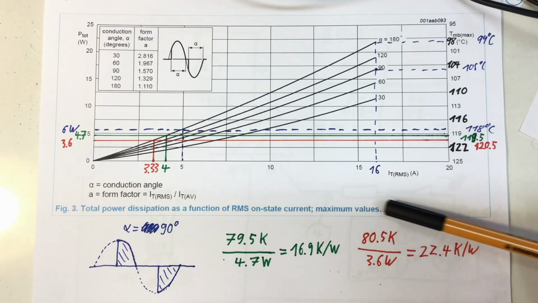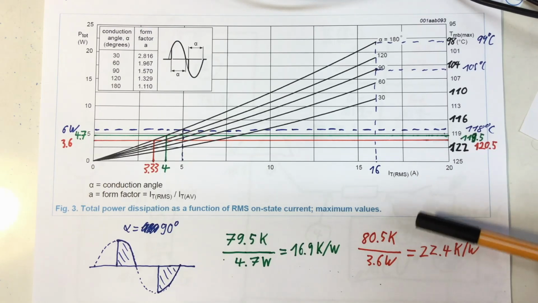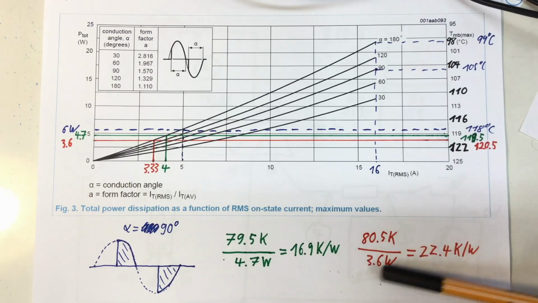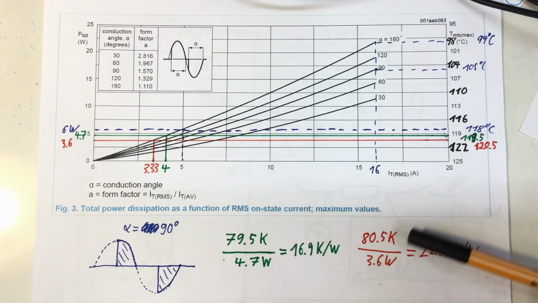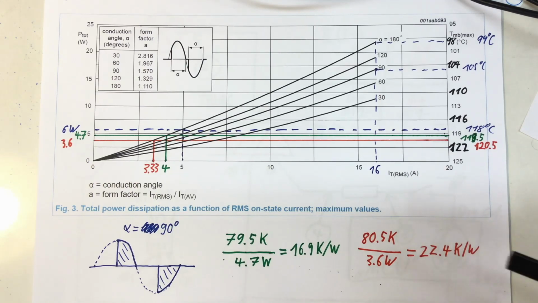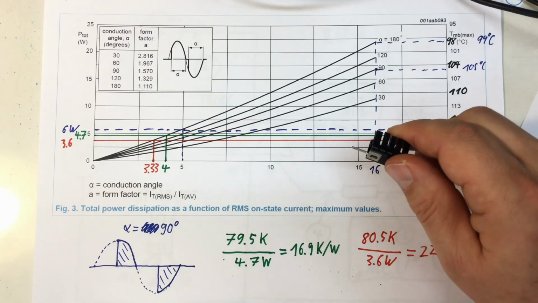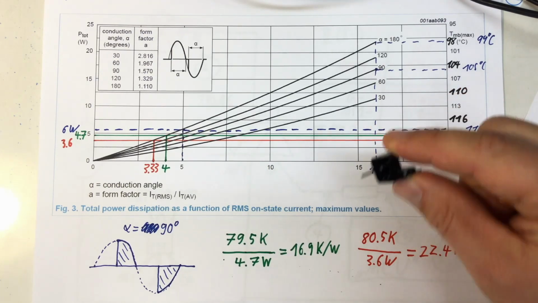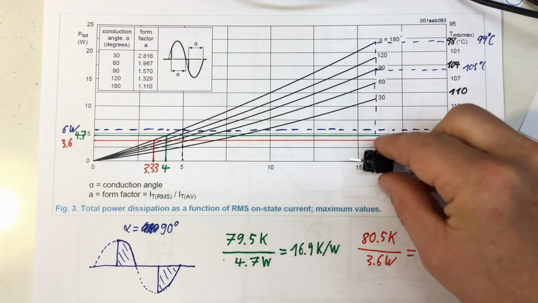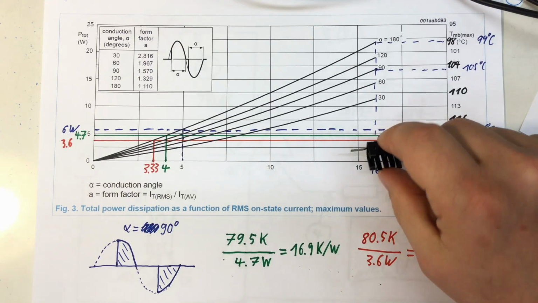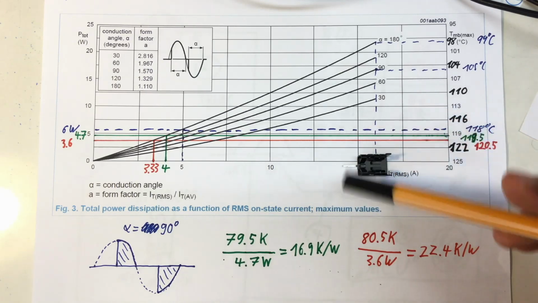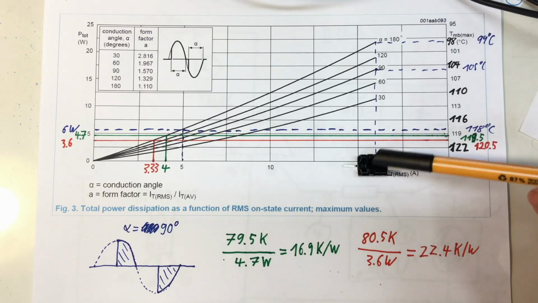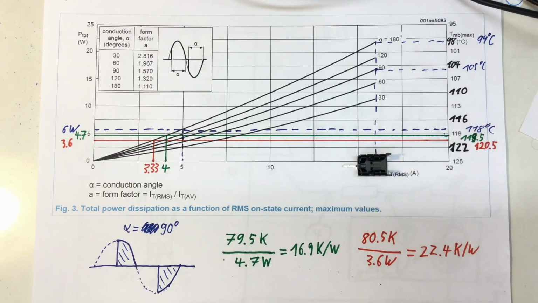So delta of 80.5 K to 40 degrees ambient and 3.6 watts. And that yielded 22.4 Kelvin per watt maximum thermal resistance for the heatsink, and that thing has 21. So yeah, with that heatsink I will be able to run it at 80 watts.